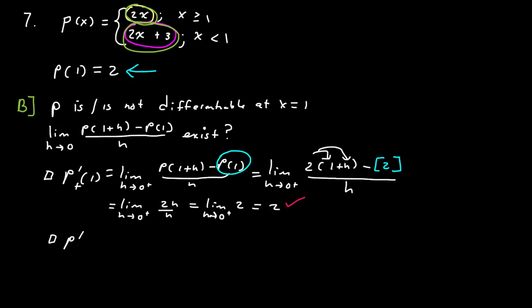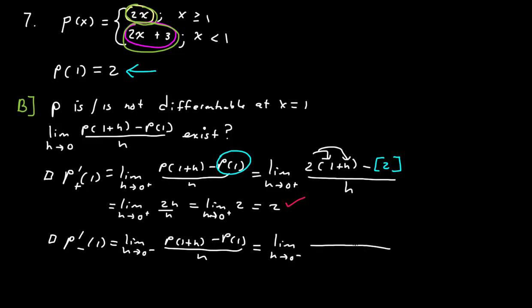I'm going to find p prime from the left of 1, which is the limit as h approaches 0 from the left of p of 1 plus h minus p of 1 all over h, which equals the limit as h goes to 0 from the left. We're going to plug 1 plus h into the bottom.